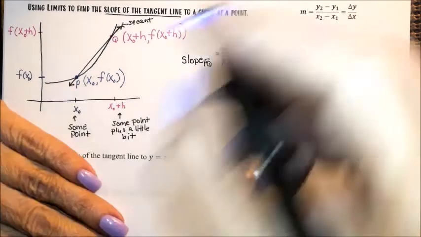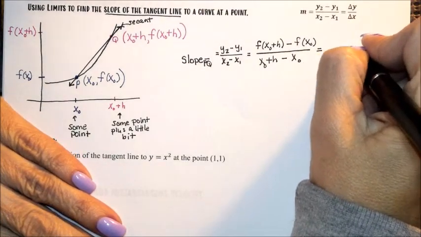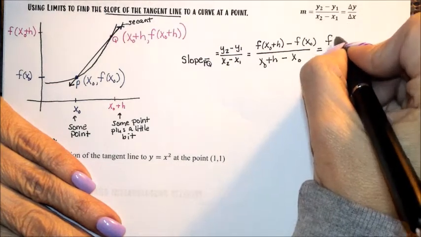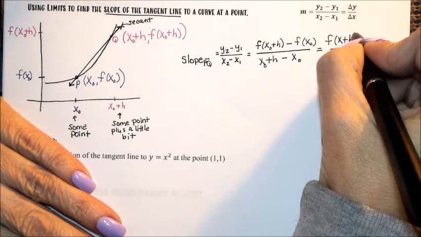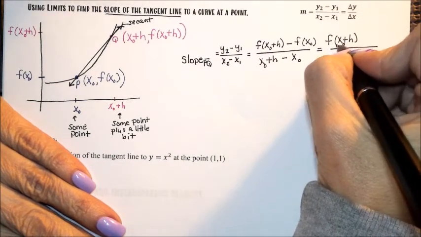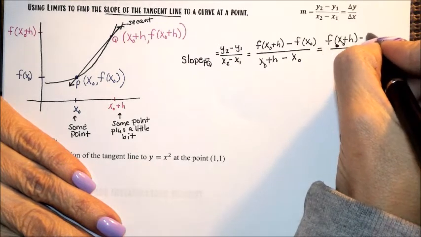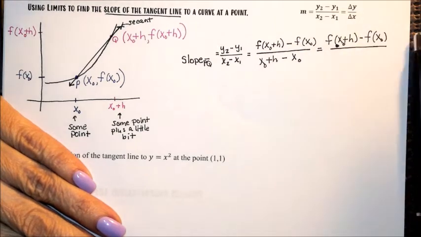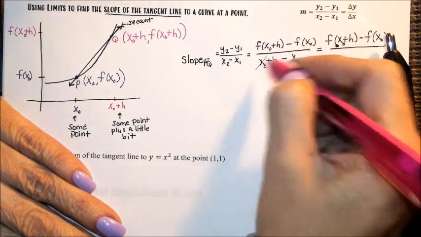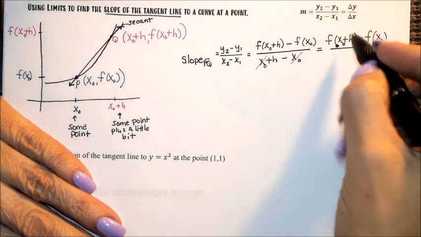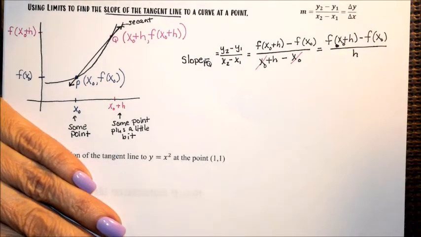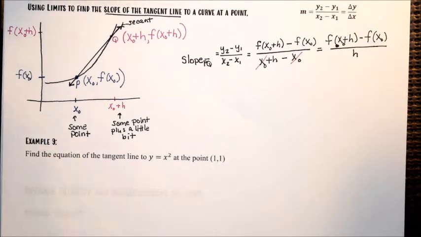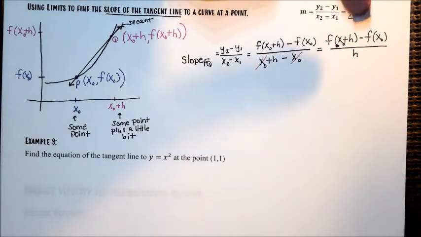There's one simple step we can do here. On the top, I can't really do anything. That's f of x naught plus h, minus f of x naught. But down here on the bottom, do you see where x naught and x naught cancel out and I just have h? That means that the slope of the secant line is this.